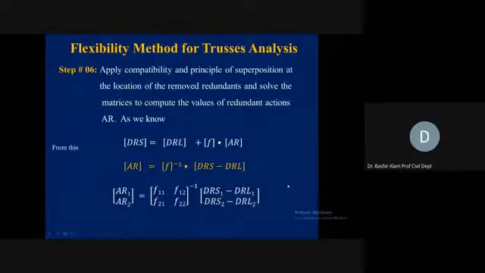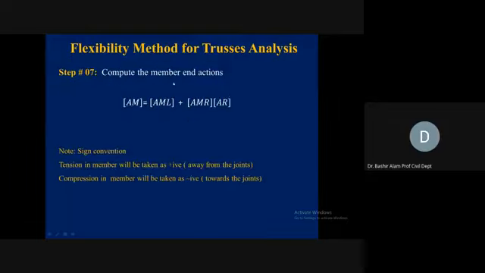Now, after this, we go to the next step and write the compatibility equation. Flexibility coefficients are known, DRS known, DRL known, so we can find the unknown redundant actions. Once those redundant actions are found, we go and find the member forces. So AM is equal to AML plus AMR times AR.